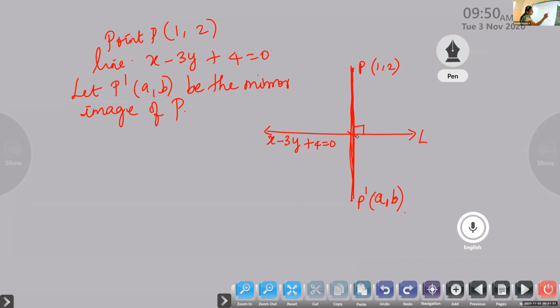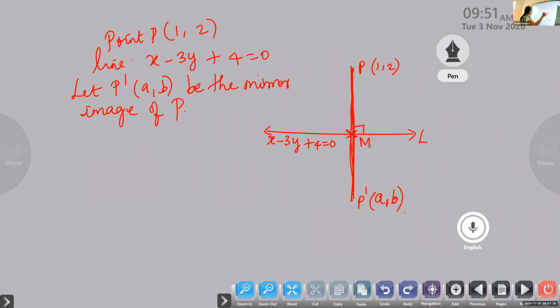So can you find the point of intersection, similar to the previous case? Once you find the point of intersection M, it will be the midpoint of PP dash. The distance of the object from the mirror will be the same as the distance of the image from the mirror.